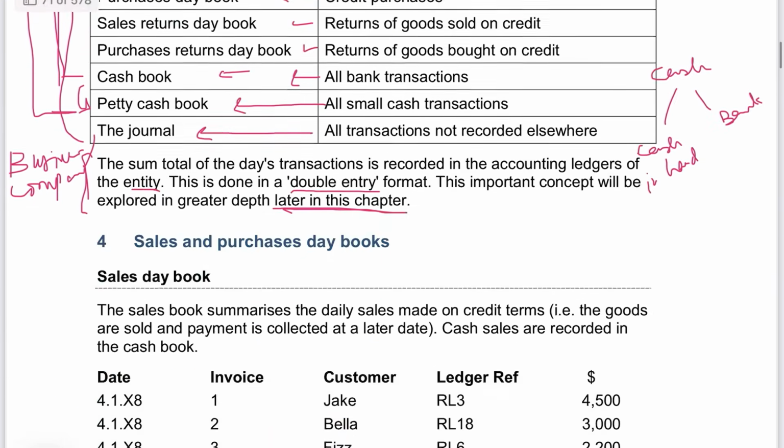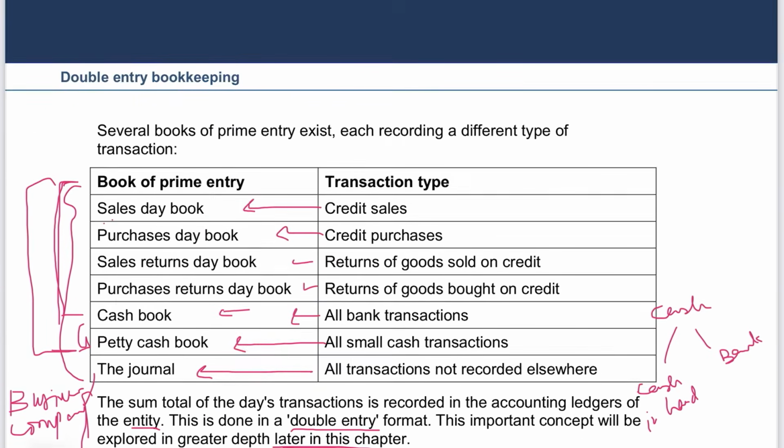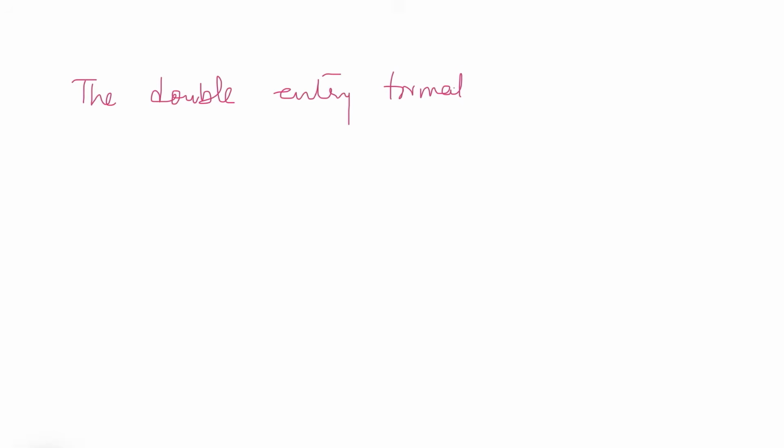So now let's understand the double entry format, right?